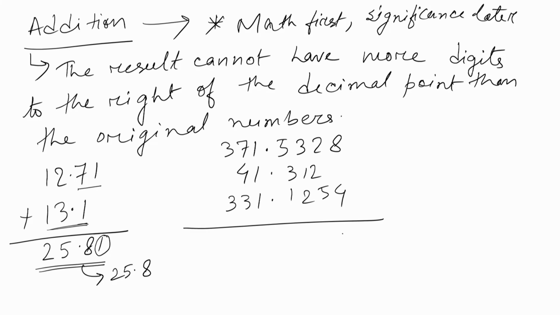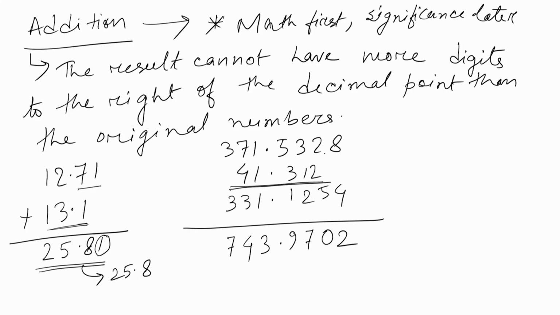So let's do it. This, okay. Now again, according to the rule, see, this number has the least number of digits after the decimal point. Okay. So we have to maintain this rule.